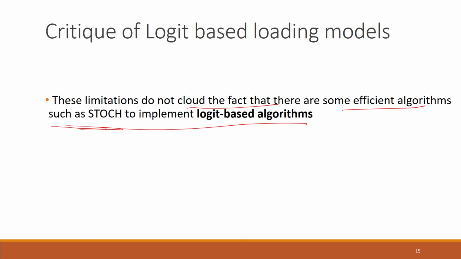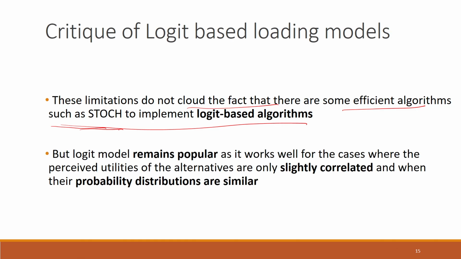So, what we want to say is that Logit-based modeling can be applied very easily because of the presence of these efficient algorithms, and the Logit-based model remains popular as it works well for cases where the perceived utilities of the alternatives are only slightly correlated and when their probability distributions are similar.